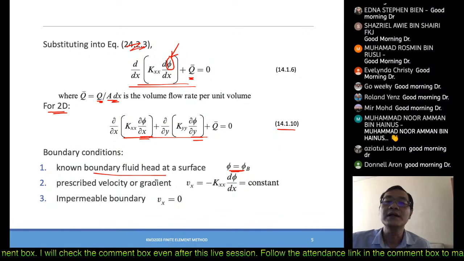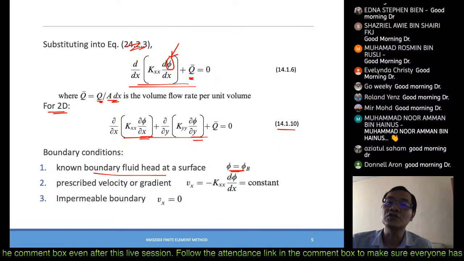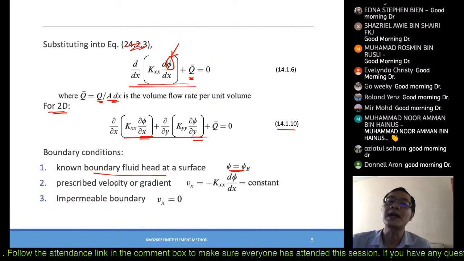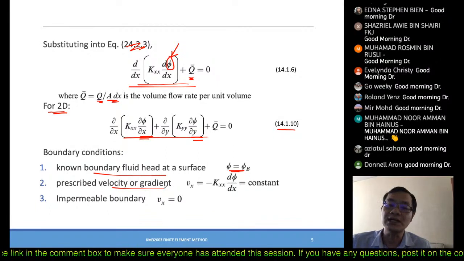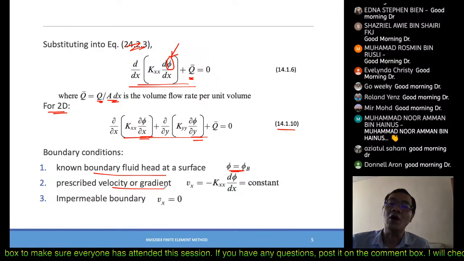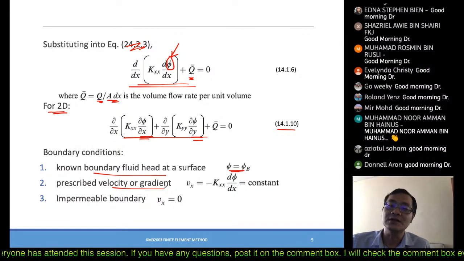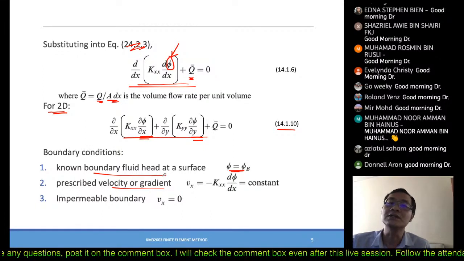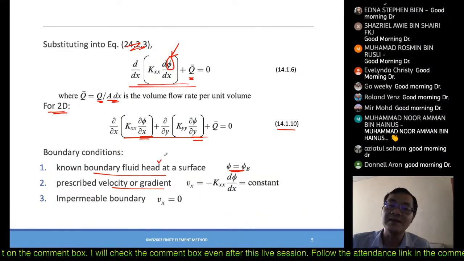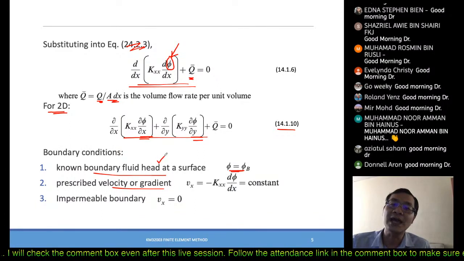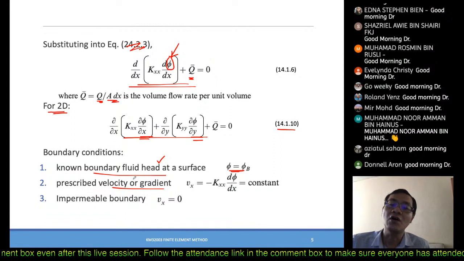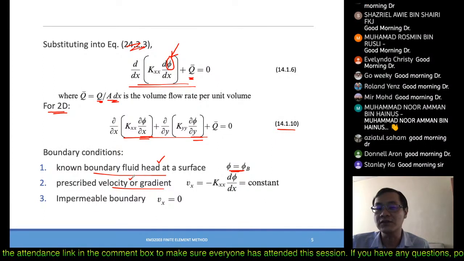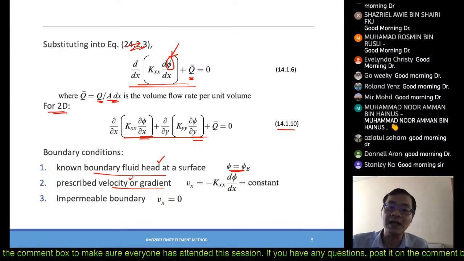Whereas if you know the velocity or the gradient, then you can apply the velocity or a gradient value on a certain surface, such as the inlet velocity and so on. So either you specify the pressure, the fluid head itself on the surface, or the velocity going into a surface or out of a surface, or a combination of them.